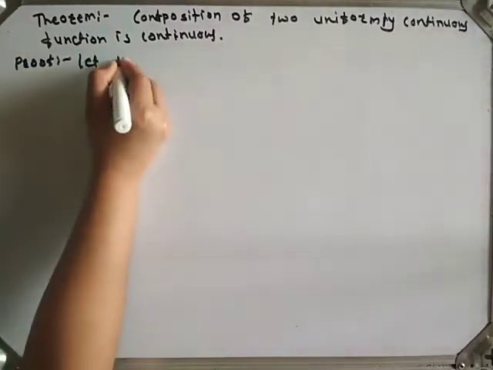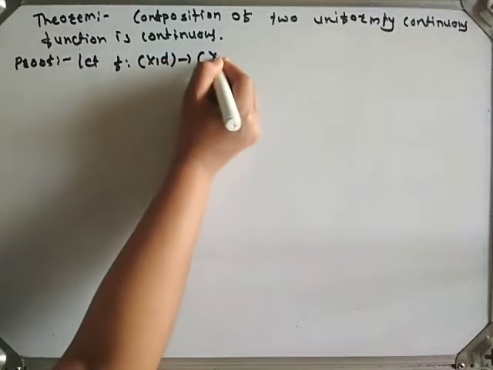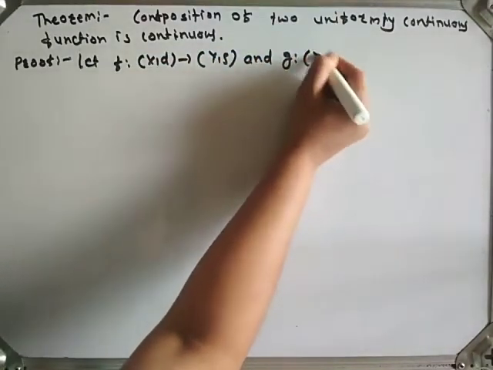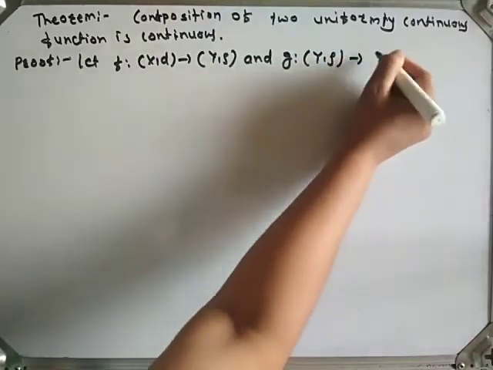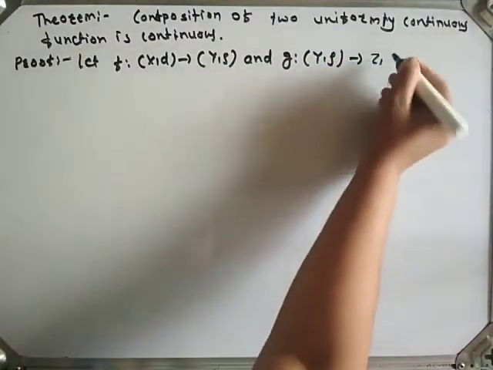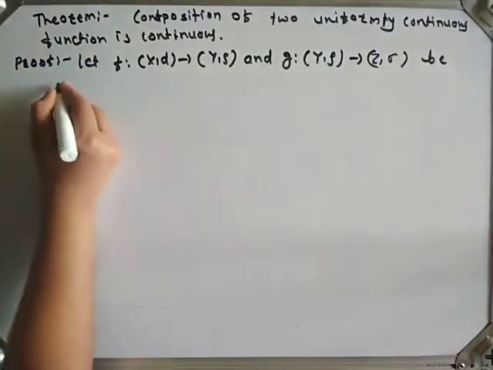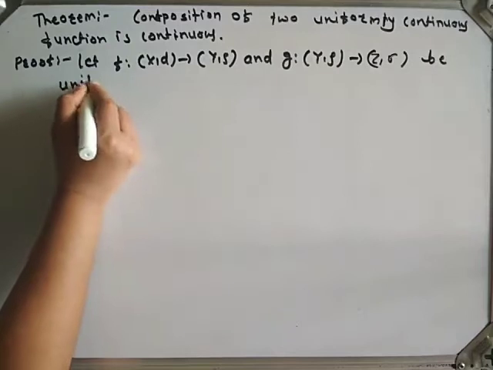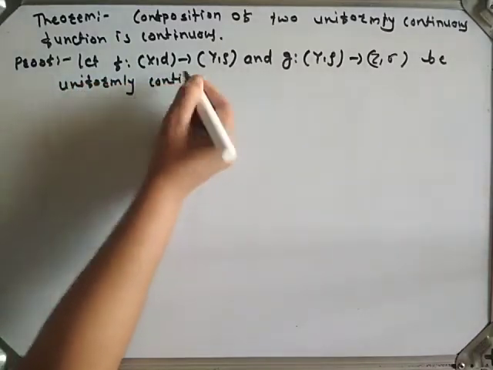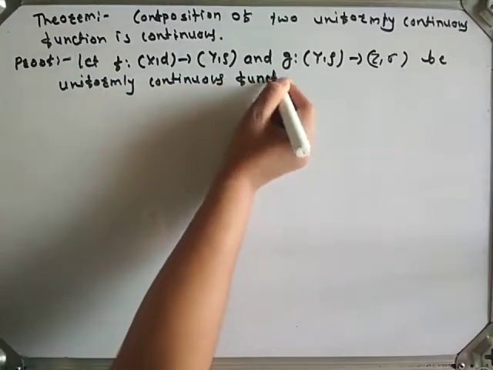Let f from (X, d) to (Y, rho) and g from (Y, rho) to (Z, sigma) be uniformly continuous functions.